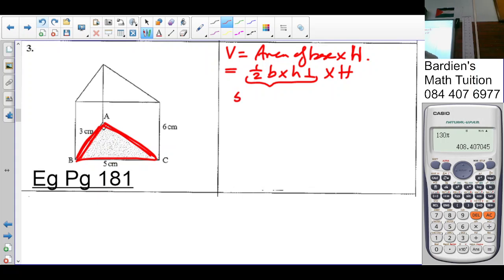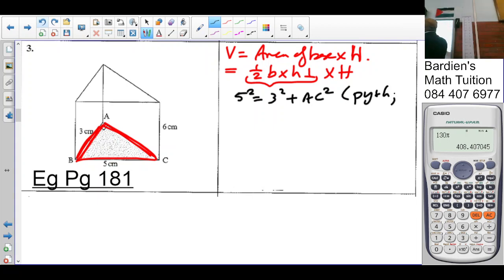It's going to be 5 squared is equal to 3 squared plus AC squared. That's your theorem of Pythagoras. The reason is Pythagoras with angle BAC equals 90.